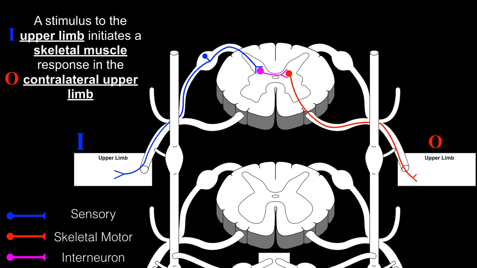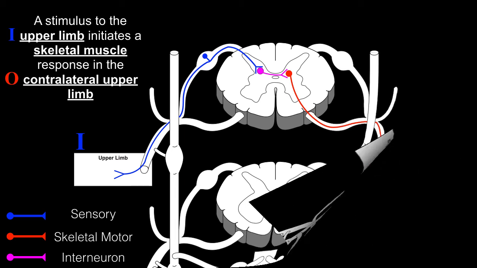So the sympathetic trunk is anterior to the spinal nerve trunk, and that nerve trunk is where the ventral and dorsal roots come together. So as they come together, they create a trunk, and then they split into the dorsal and ventral rami. But we can see that that motor neuron went out the ventral ramus to that upper limb, and that would be the trace there. So I started and ended in the right place.